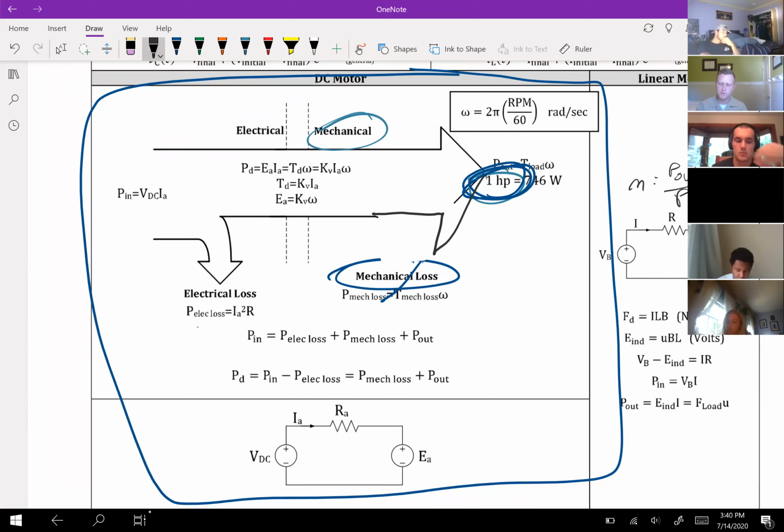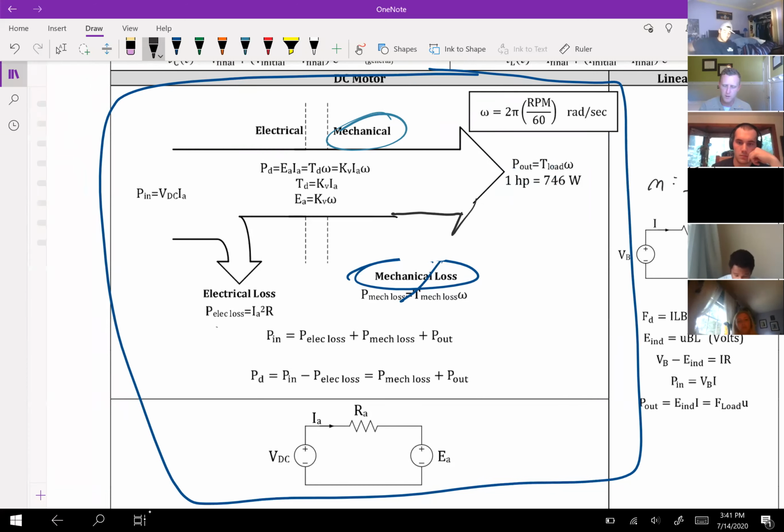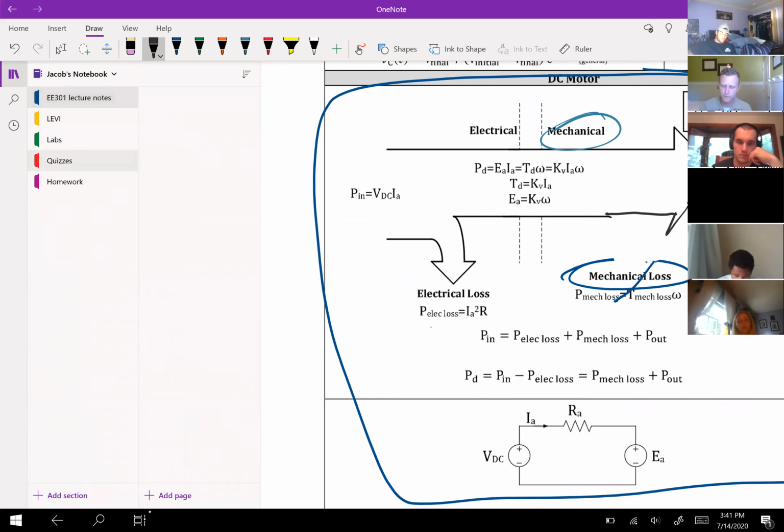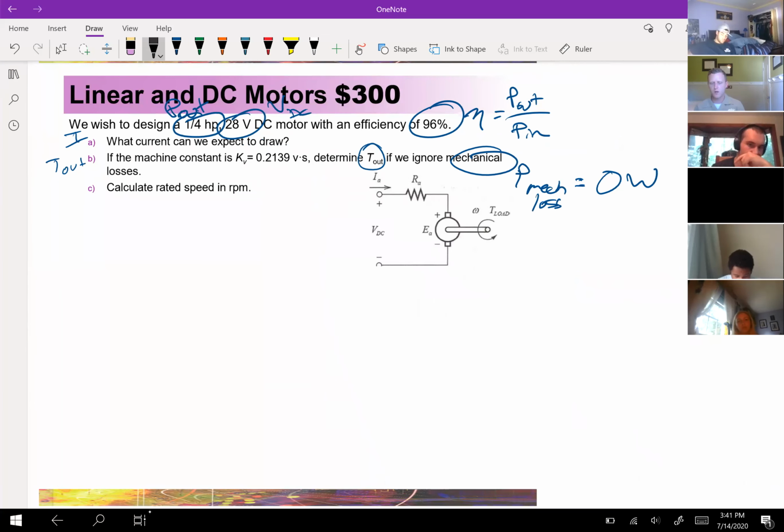So everything that is being developed from electrical is going to my output power. There's no friction along the way. That makes sense. It would also mean the same thing if it said if we ignore friction or if it was a frictionless system. If it wasn't a frictionless system, I would have to take into account that formula. But in this problem, it says I can ignore friction. I can ignore mechanical losses.